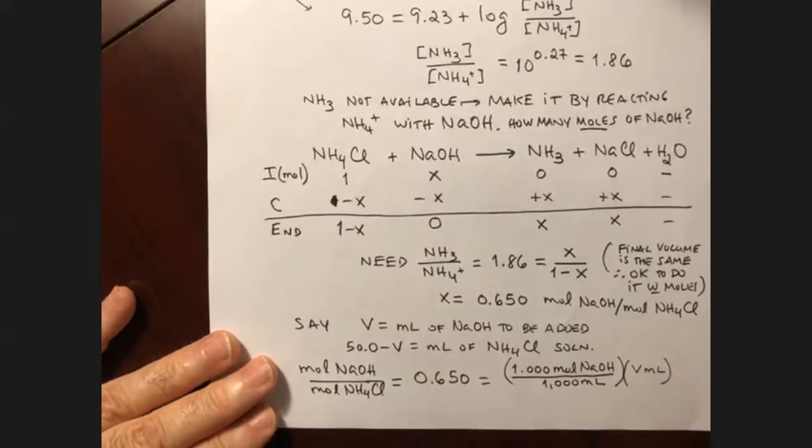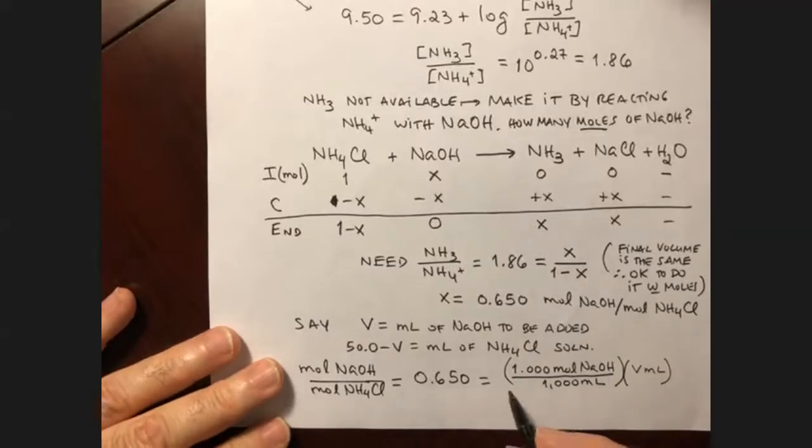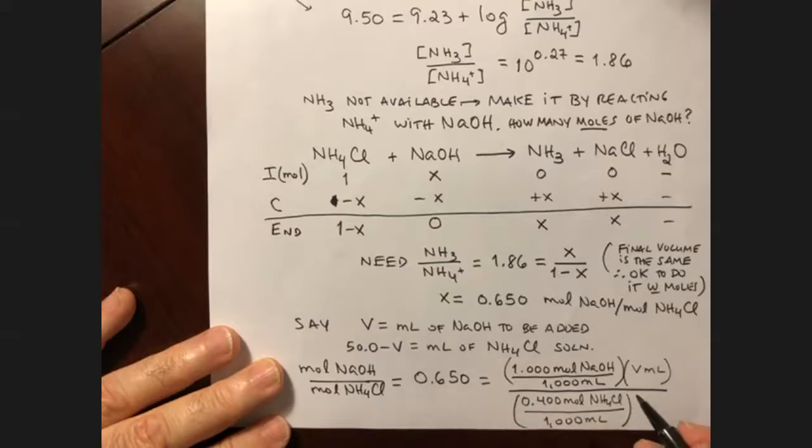That's what I'm adding. And then for the ammonium chloride, I have 0.400 moles in 1,000 milliliters, times milliliters, which will be 50 minus V.